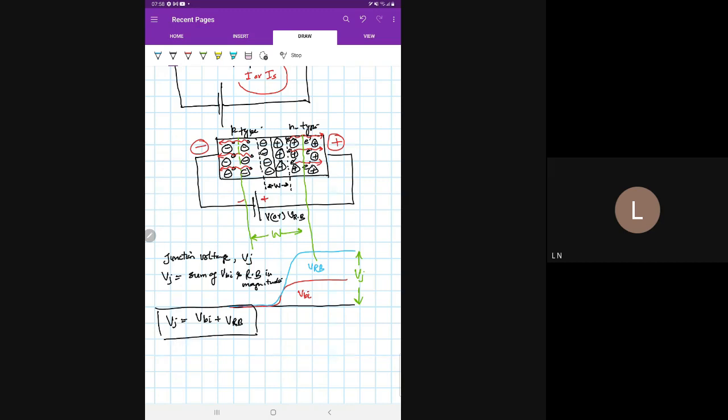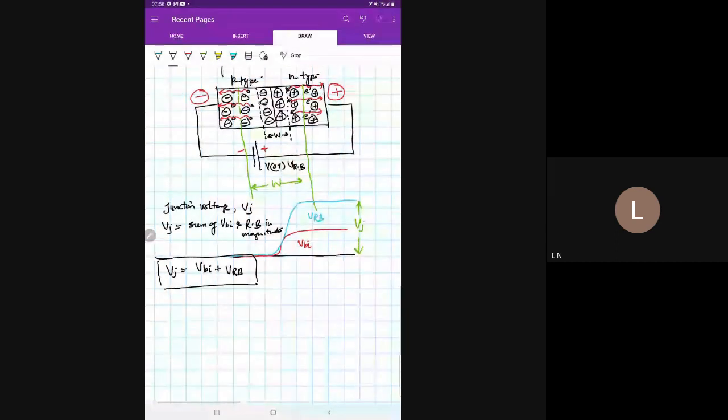So we can conclude the discussion that under reverse bias condition, two things will happen.